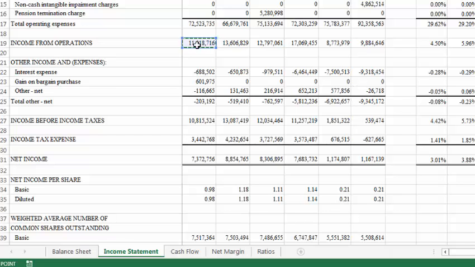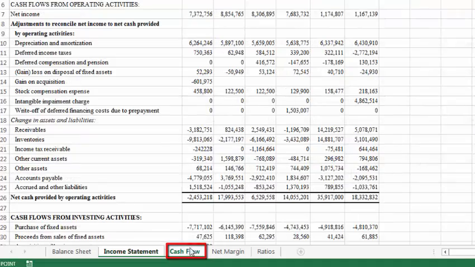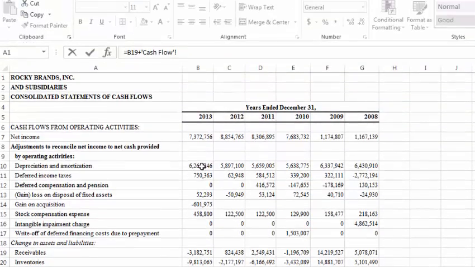And then it says I want to add back plus depreciation and amortization, which, by the way, you may have noticed I went to the cash flow statement for that because that's where those usually live.